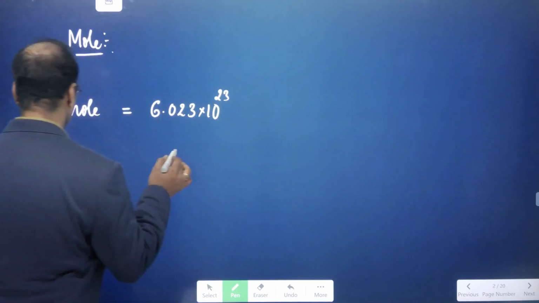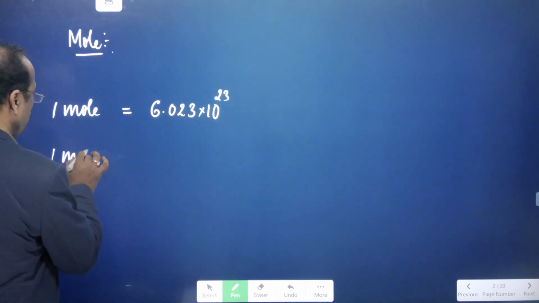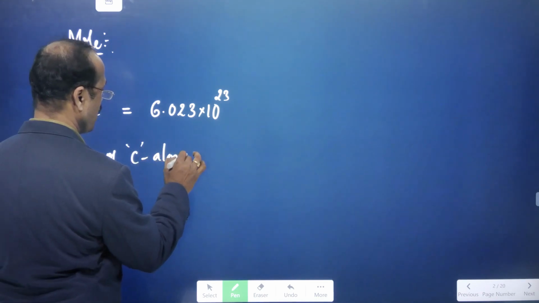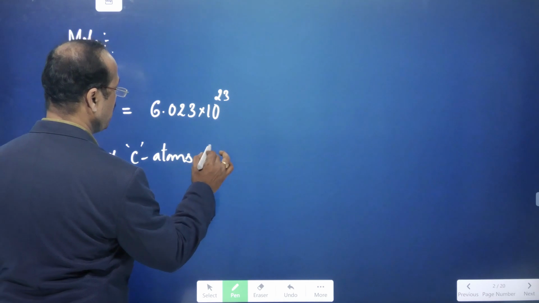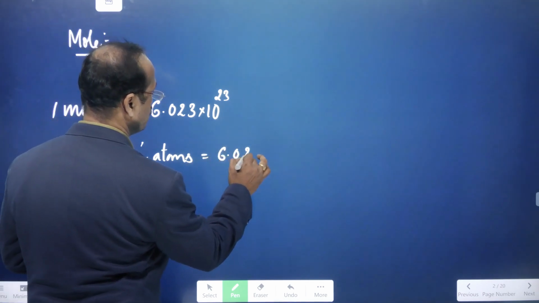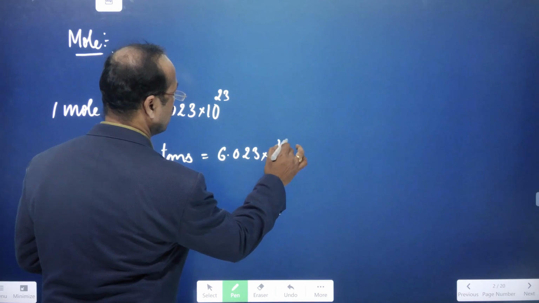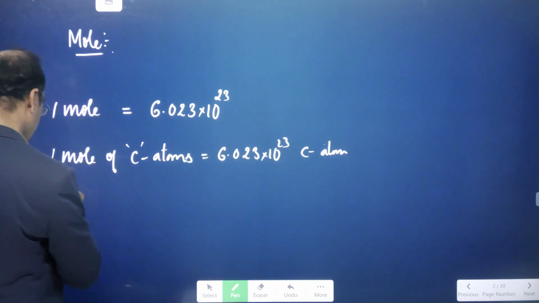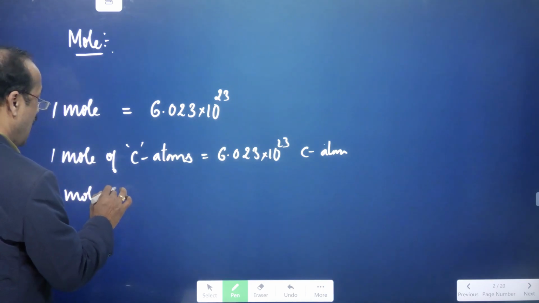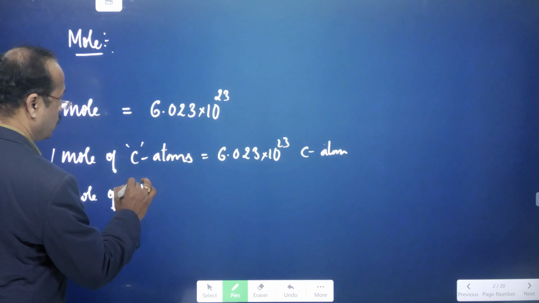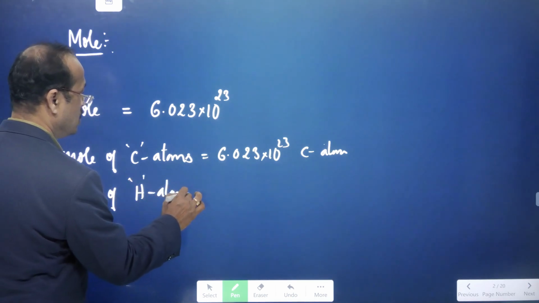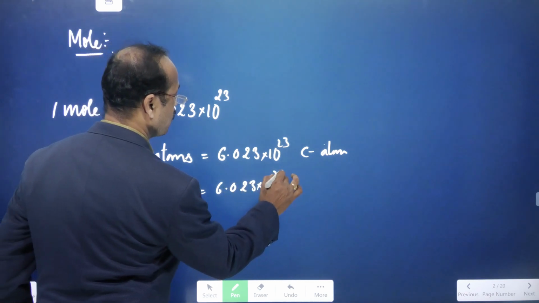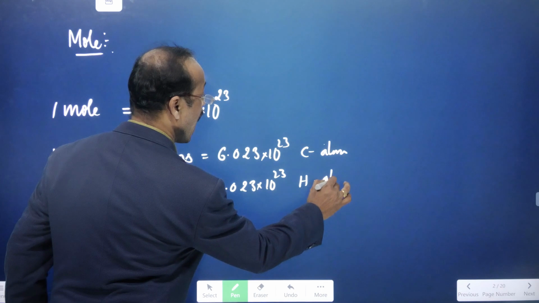Means what number? For example, if I take 1 mole of carbon atoms, then what does this mean? It means 6.023 into 10 to the power of 23 carbon atoms. If I say 1 mole of hydrogen atoms, what does it mean? 6.023 into 10 to the power of 23 hydrogen atoms.